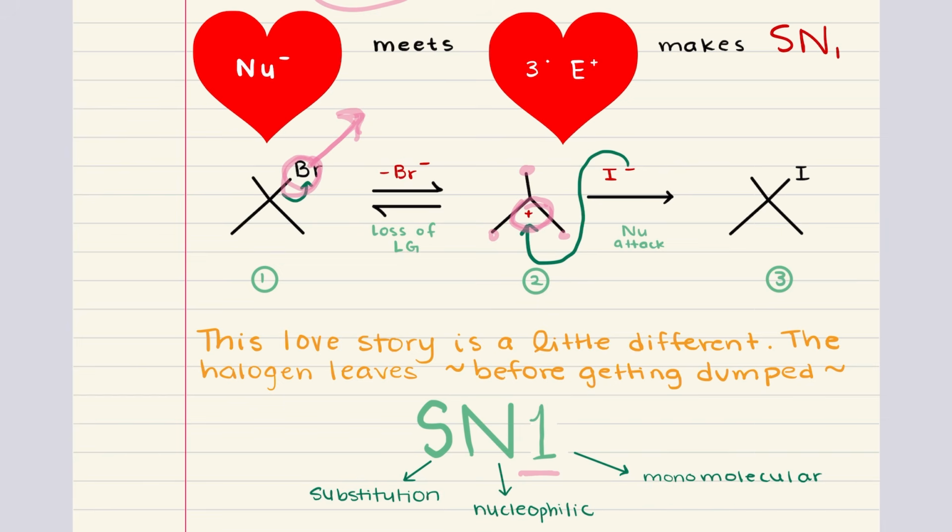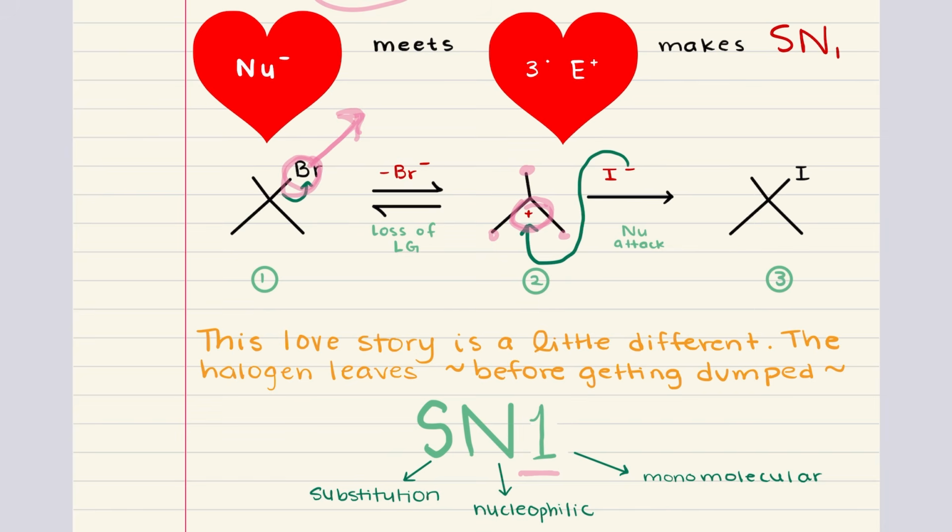Secondary carbons are less stable, but the reaction can still occur under the right conditions. Primary carbons, however, are highly unstable and they do not undergo SN1 because they lack the necessary stabilization for carbocation formation.